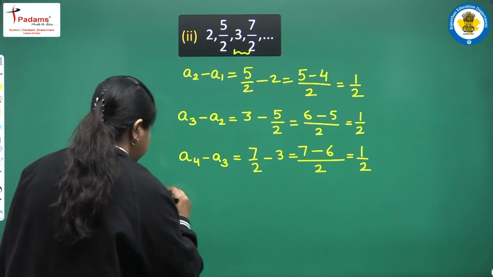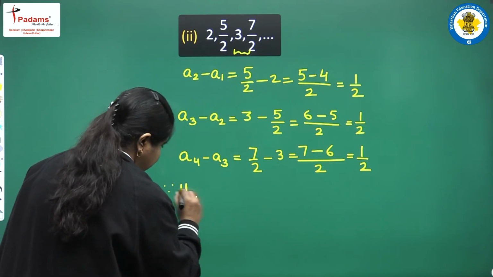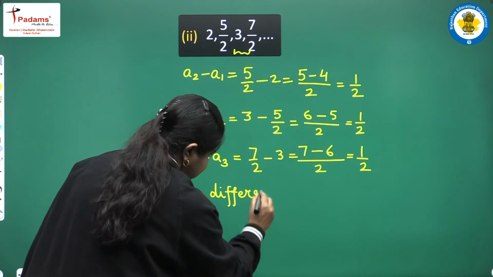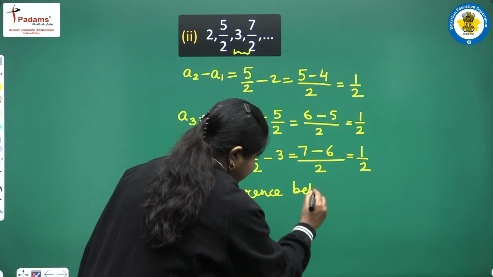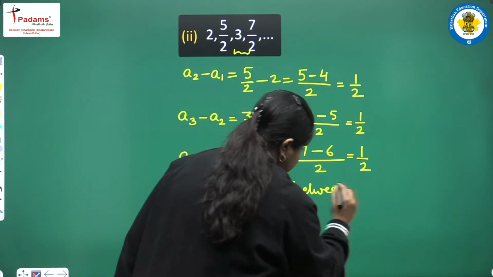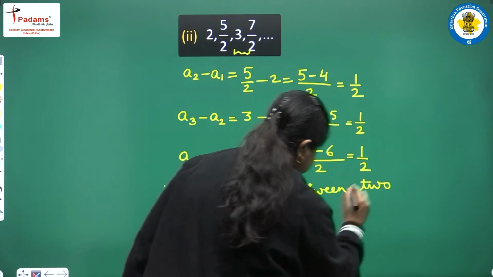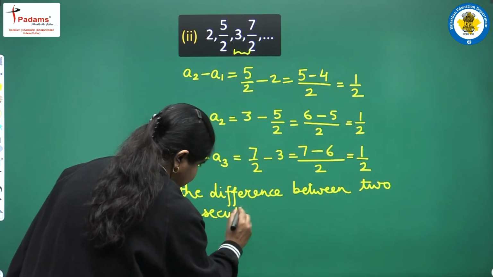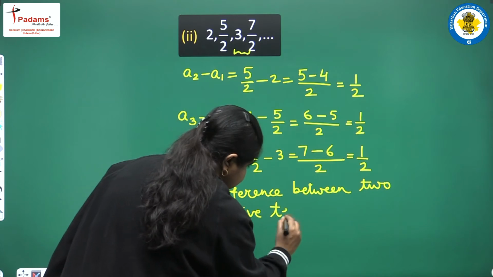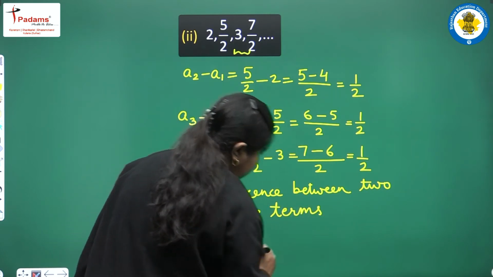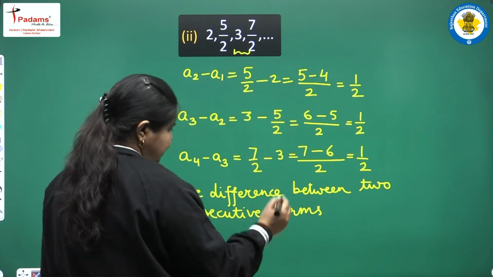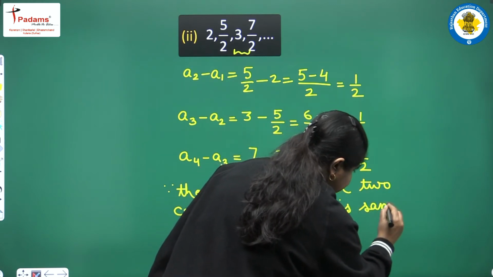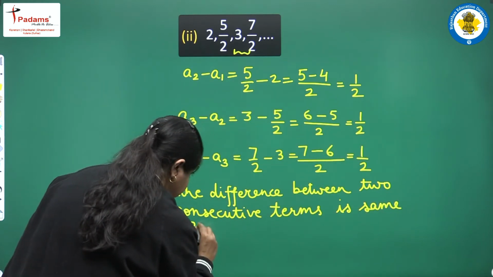We can write here, since the difference between two consecutive terms, means जो टर्म्स लगातार आ रही हैं उन्हें हम कहते हैं consecutive terms, is same every time.